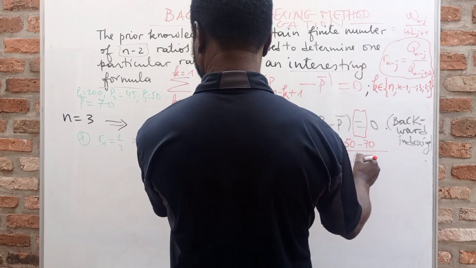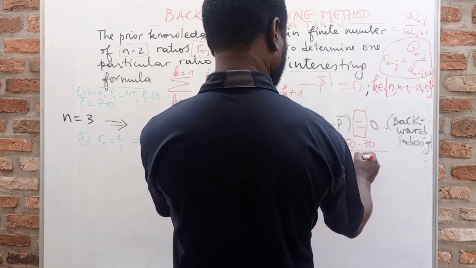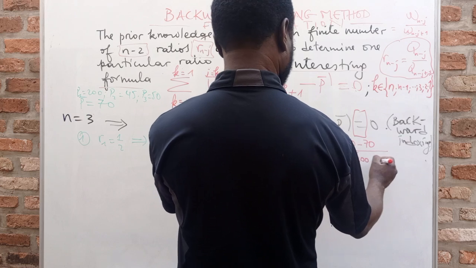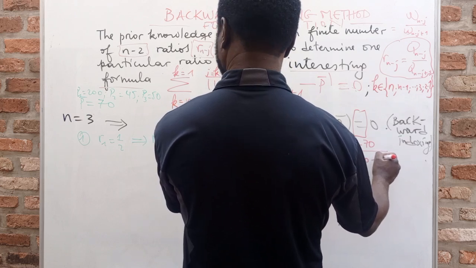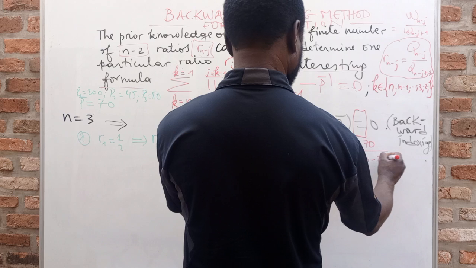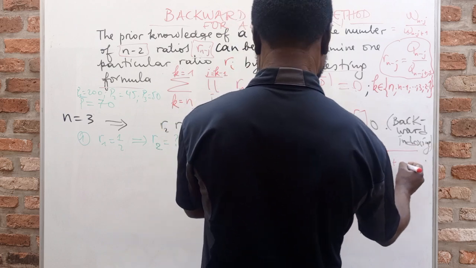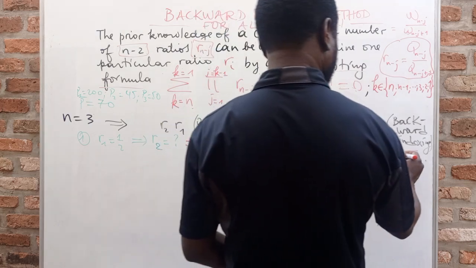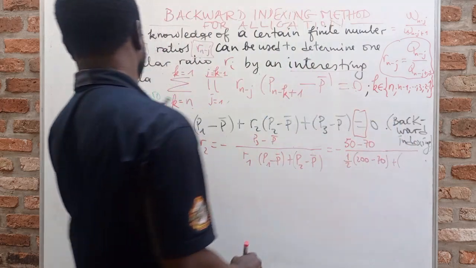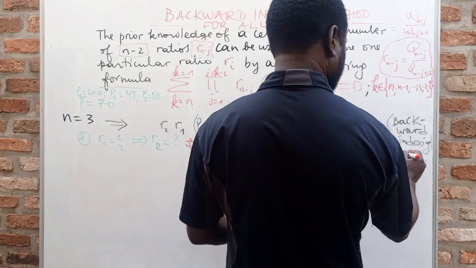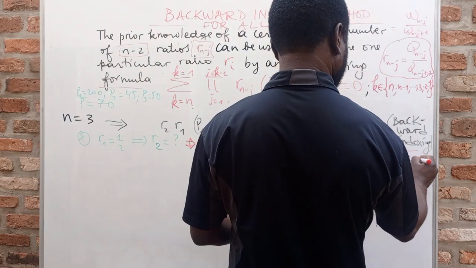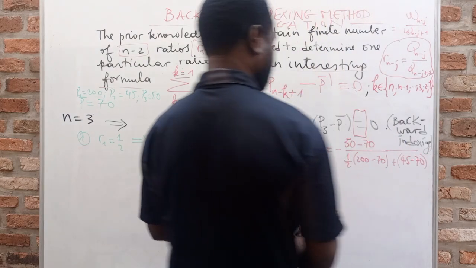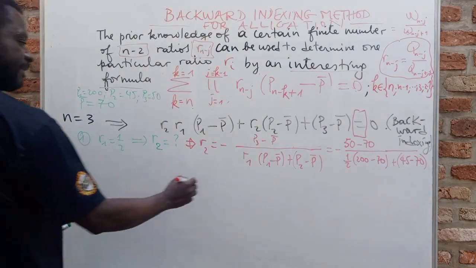So P1 is 200 minus P bar, where P bar is the mean value 70, plus P2, which is 45, minus the mean value 70. What is it?